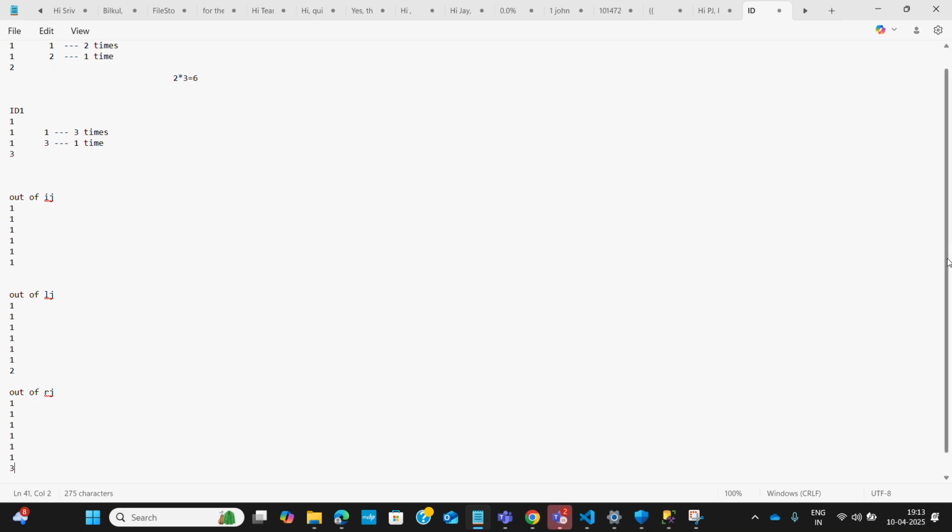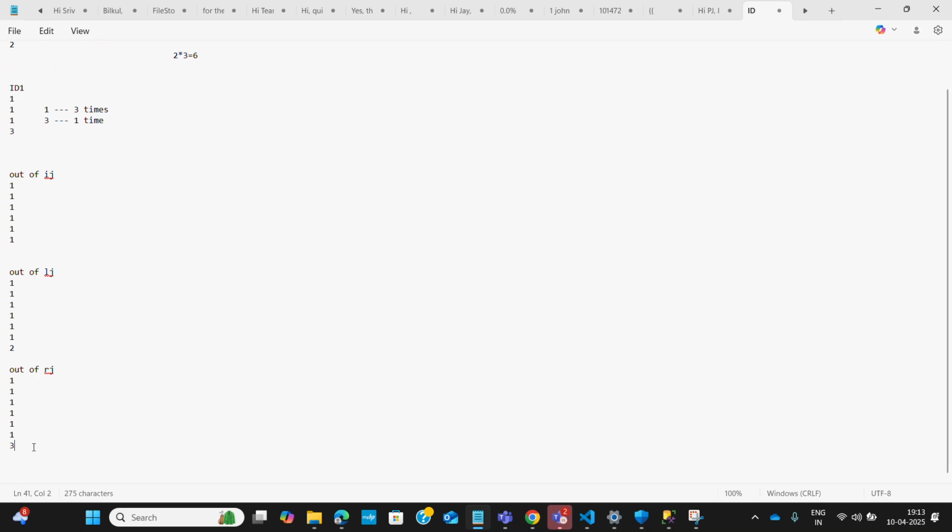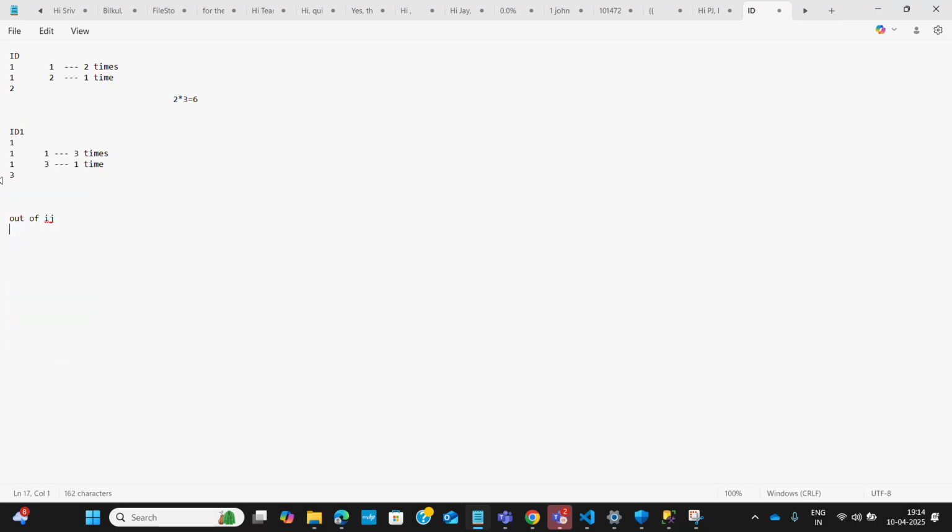Now, can you tell me what will be the output of, let me just erase them first. I think you have understood. What would be the output of full outer join? So I'll tell you what happens in the full outer join. In full outer join, the output is the combination of output of inner join plus output of left join plus output of right join.